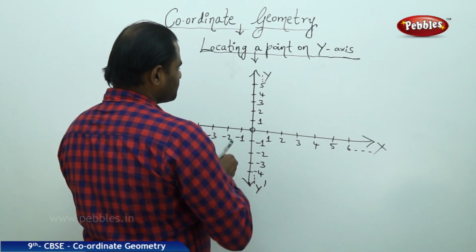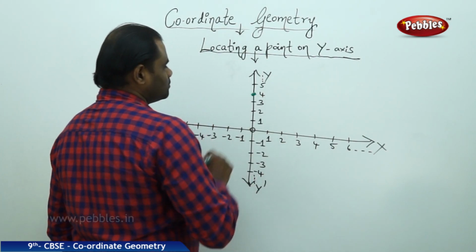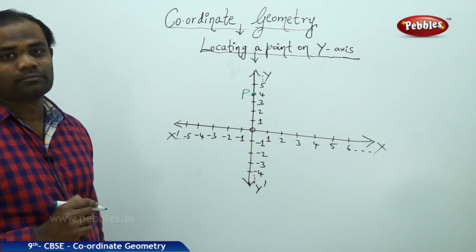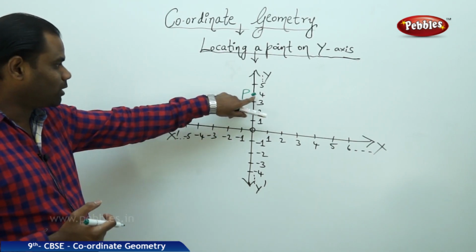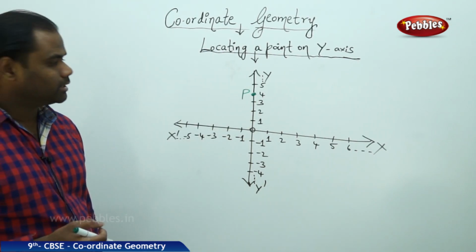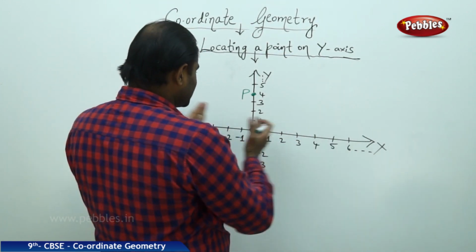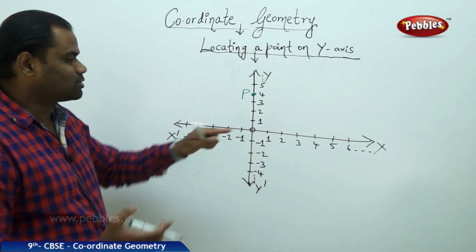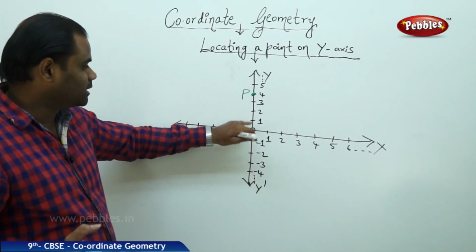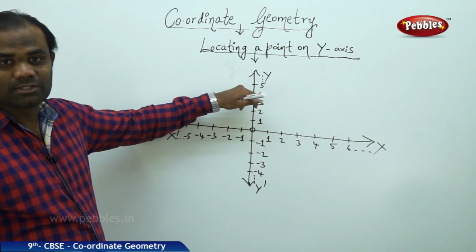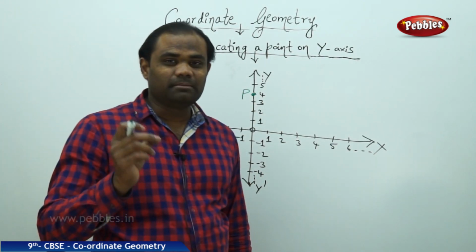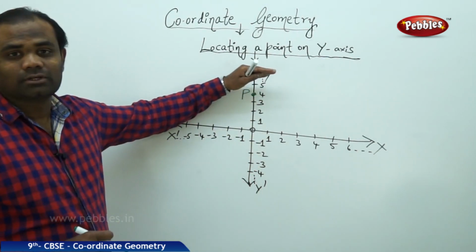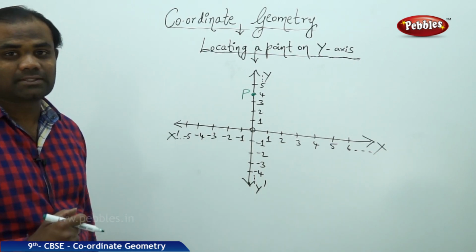Say for example, I have this point P located at this position at 4. Let's see what the coordinates of this point P would be. Clearly, this point starting from its initial position does not change along the x-axis. It directly jumps up 4 units along the y-axis. So there's no change in x, but there is a jump of 4 units up in the y-axis.